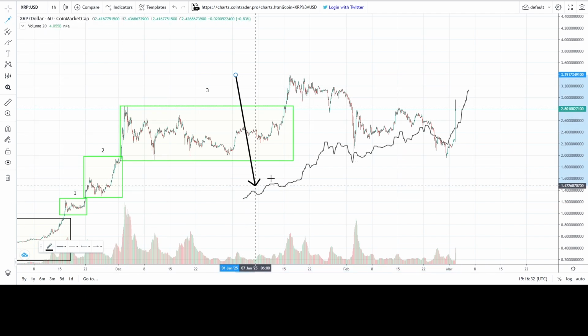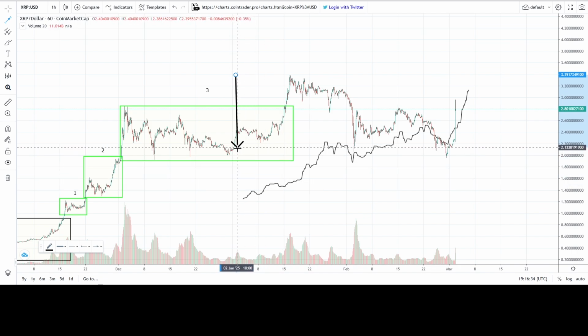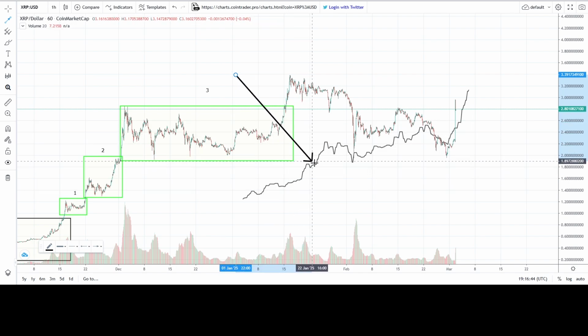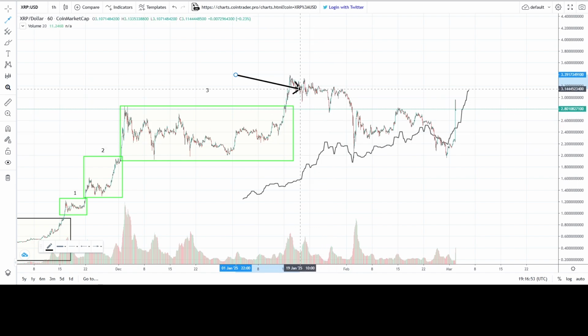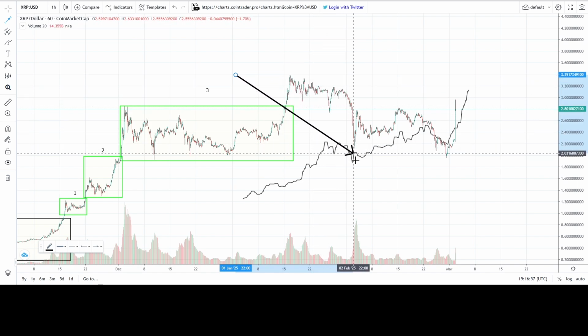So it would basically be starting from here, and you have the moves up. You can argue that this could be this, this is this, and then this is maybe this part right here, and then it goes to a peak. You have your first wave and then your second wave. You see that here.